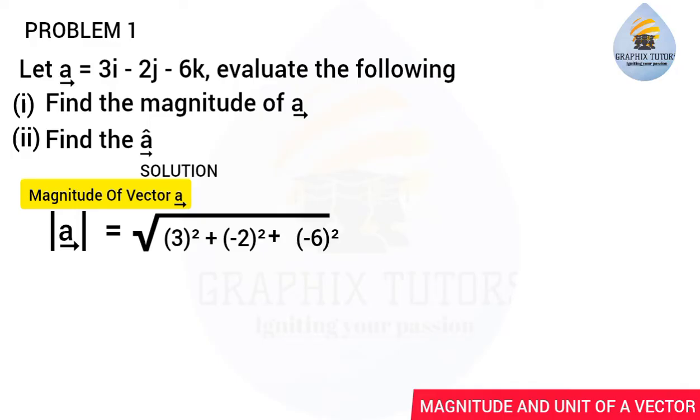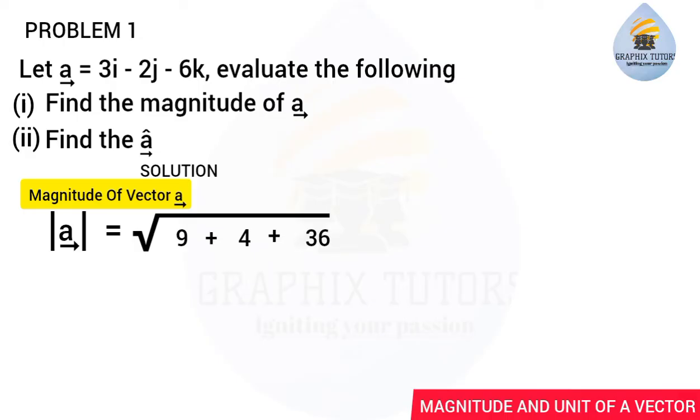Now, once you have done that, you will be left with the square root of 3 squared means 9, plus minus 2 squared means minus 2 times minus 2, and that is 4, plus minus 6 squared means minus 6 times minus 6, and that is 36.